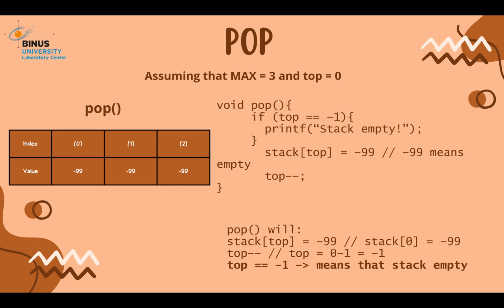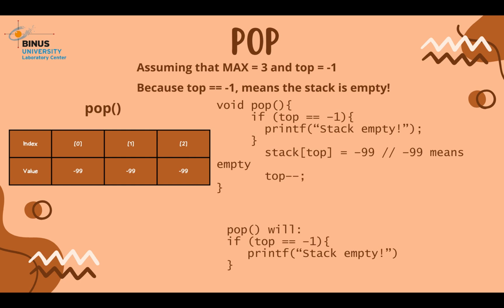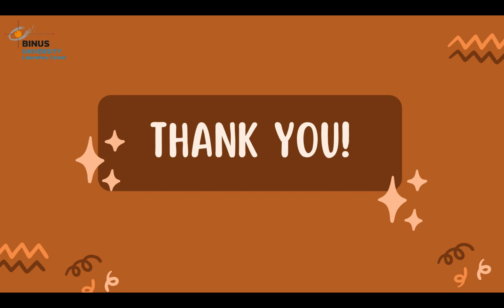When we pop once again, the stack will be empty. And when we want to pop again, we check: top is decremented, so top will be -1. Because top is -1, it means the stack is empty, so we cannot pop anymore. Okay, so that's the simple idea of a stack.